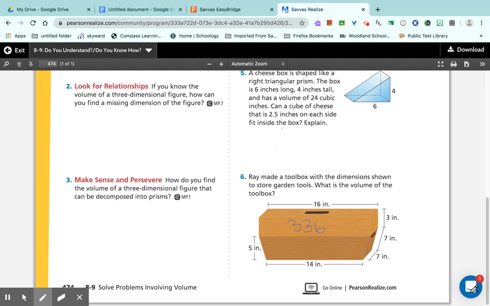Your bottom is 16 here. It's still 16 here. 7. You have your 5. And this is 14. Okay, so in here is going to be 75.